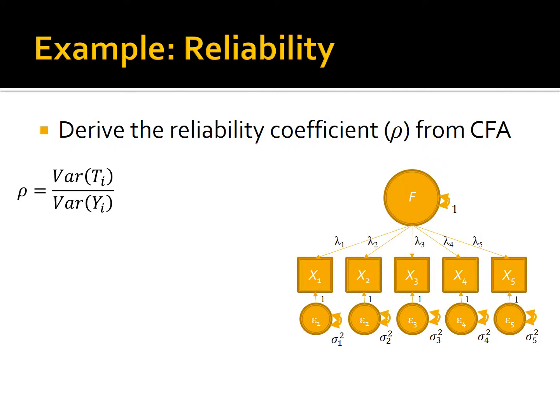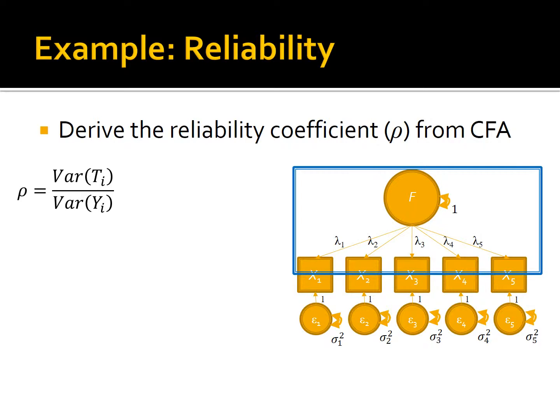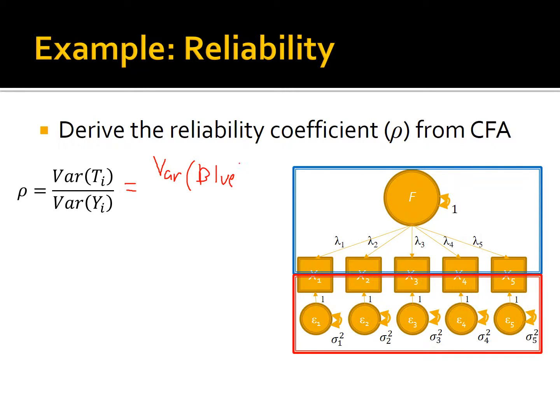So in the reliability row, we would like to estimate the variance of the true score over the variance of all observed variables. So it's equal to the variance of the blue thing over the variance of the blue thing plus the variance of the red things.